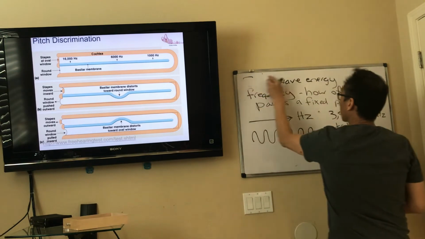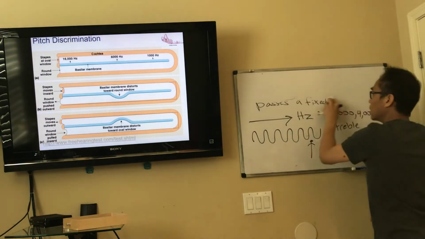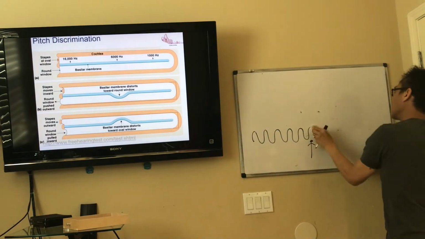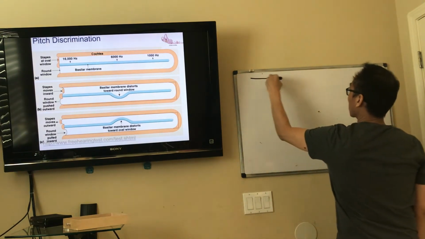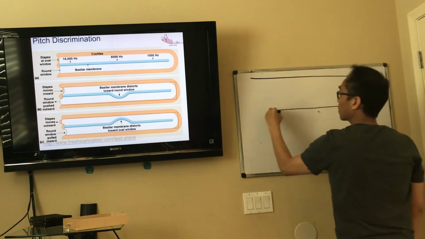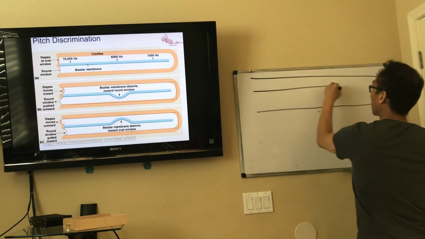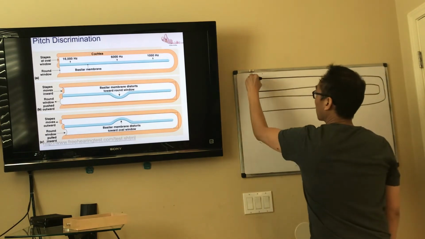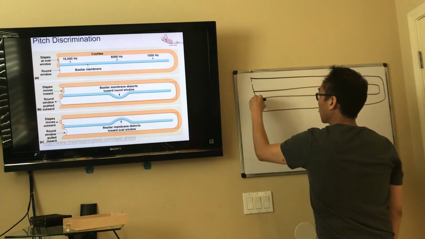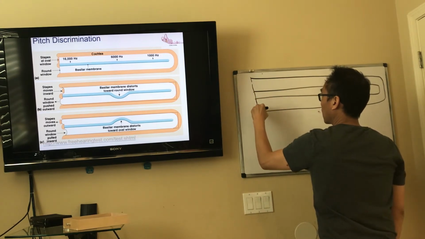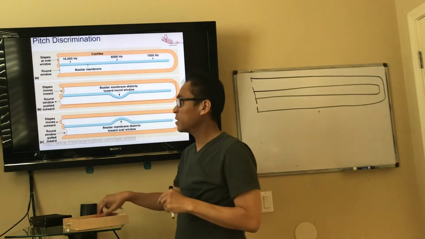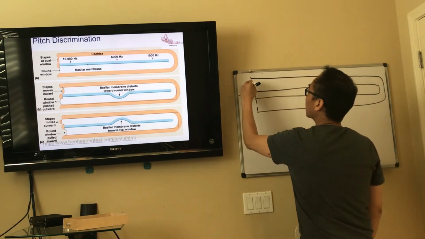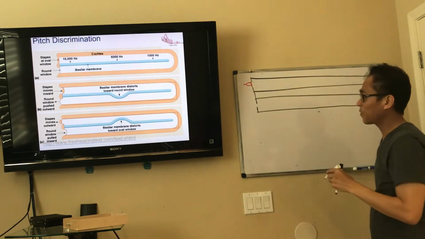So let's draw this out. Cochlea. On this end, here's my stapes. There's the stapes pushing on the oval window.